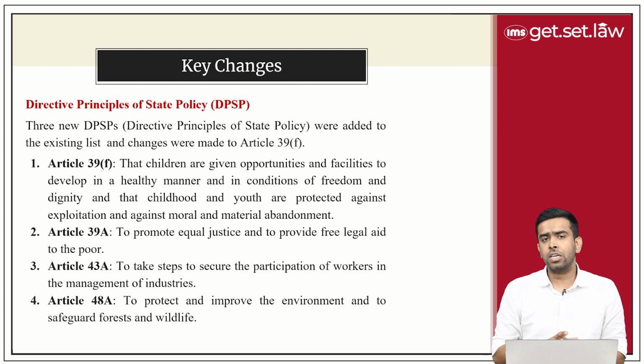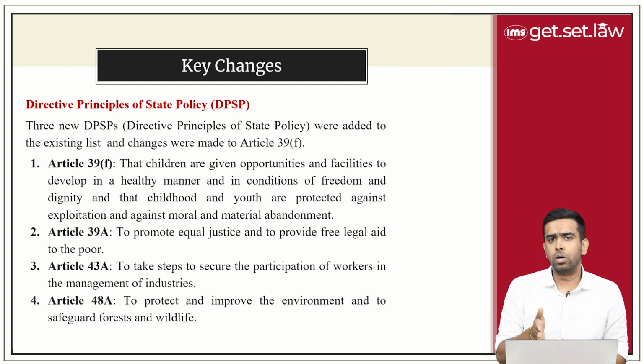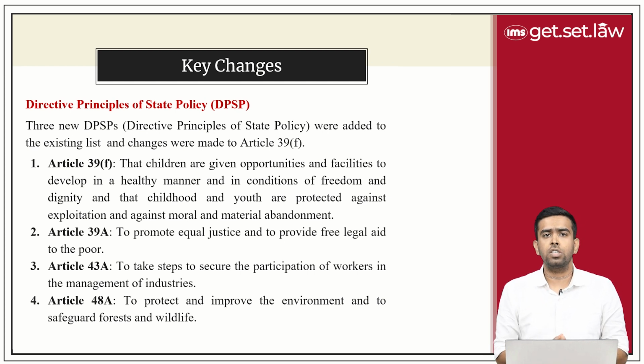This seeks that there shall be participation of workers in the management, which is another good change, with which we can make sure that workers are also involved in the management so that they can decide their own good. Then 48A was another good change with which we have protected and improved our environment.